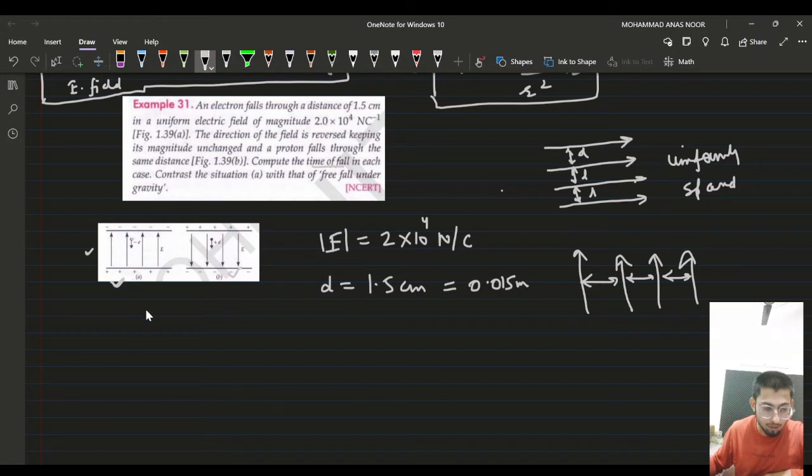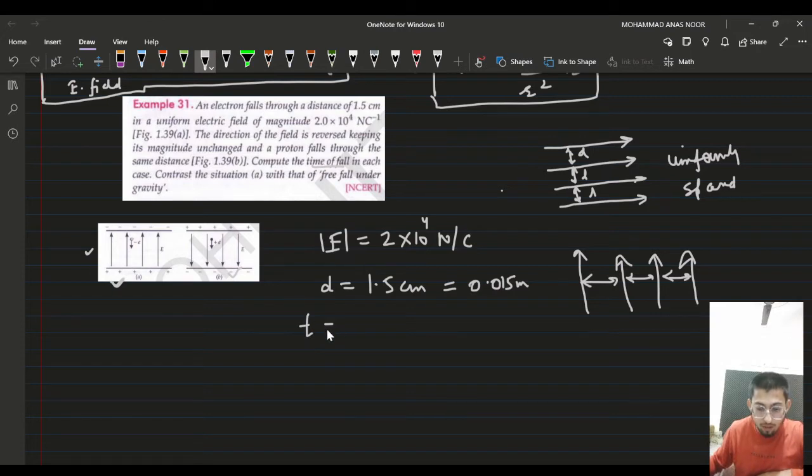Because of the charge. In the first one it says an electron, so the negative charge would be moving in the direction opposite to the direction of electric field. If it were positive, it would experience a force in the direction of electric field, right? So he is absolutely correct that it would fall, right? So we need to find the time of fall.